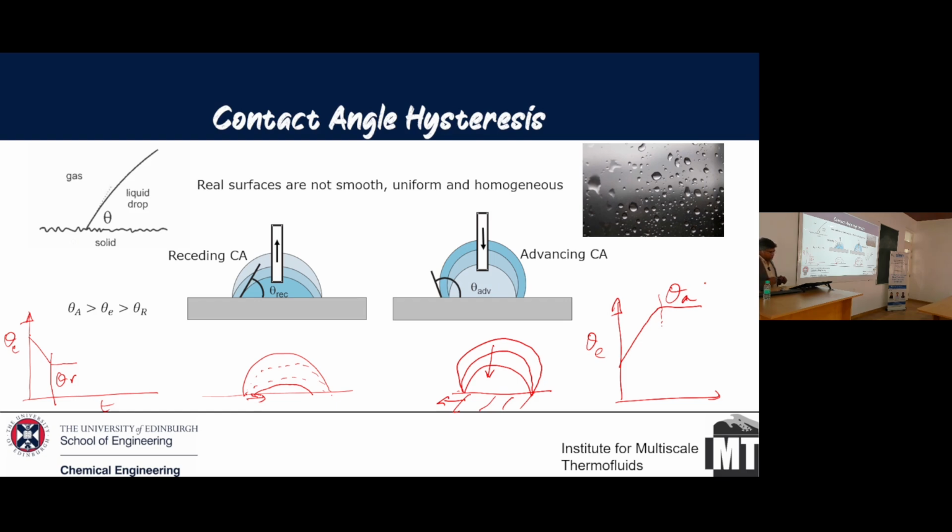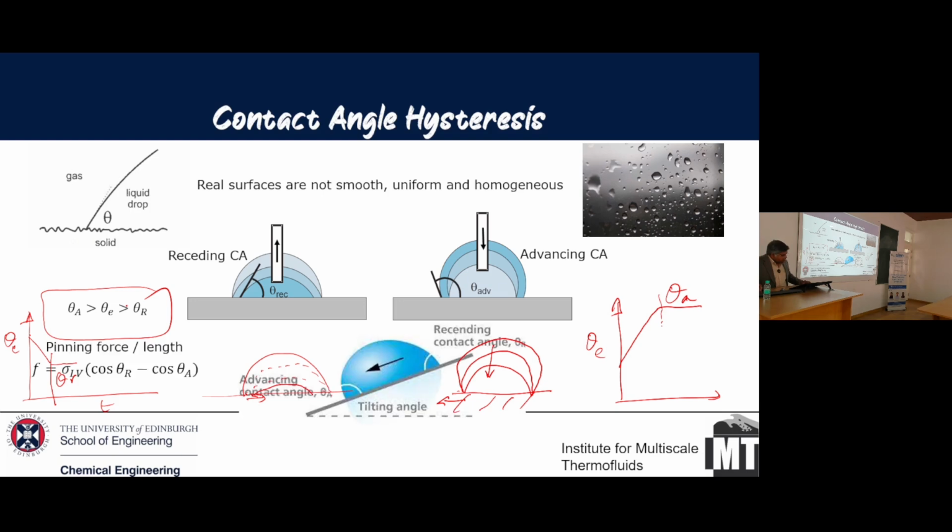So you have these two things. Generally you will have the equilibrium contact angle between the so-called receding and the so-called advancing contact angle. When someone says equilibrium contact angle, it's somewhere between advancing and receding. There are many ways in which you can interpret this.